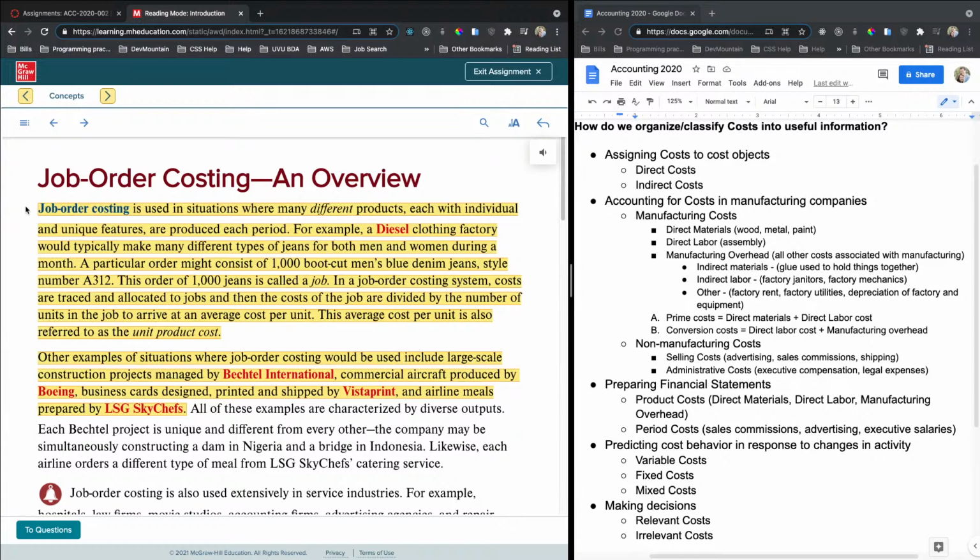You could probably figure all that out and divide that by 1,000. Let's say the total cost was a dollar per jean. You add all those costs up, divide it by 1,000, and then you have a certain amount of money per jean. For that job, you run the total costs. How much money would that cost you?